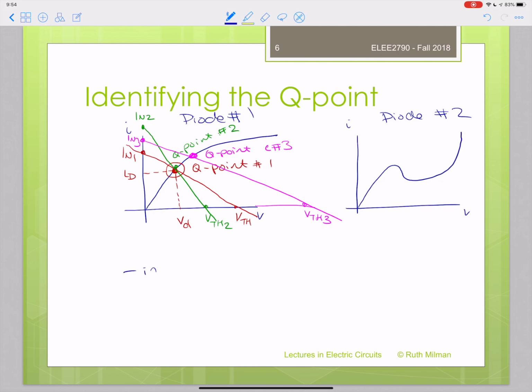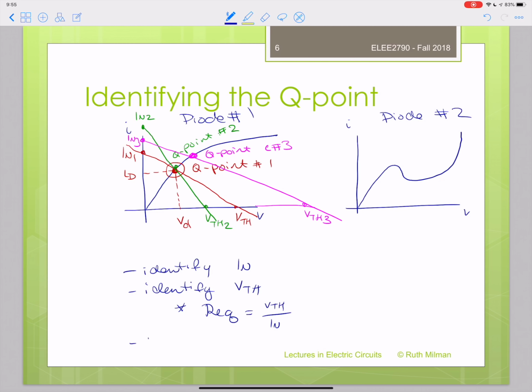So you identify I Norton in your circuit. You identify the Thevenin voltage in your circuit. Notice that those are related by the equivalent resistance, where the equivalent resistance can also be found by taking the voltage over the current.